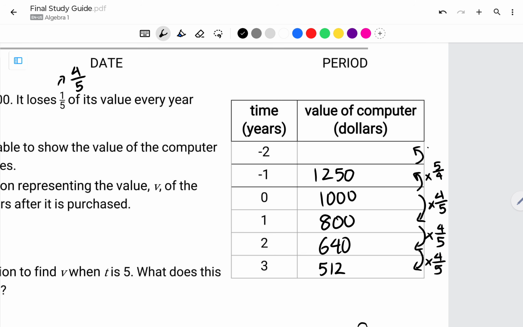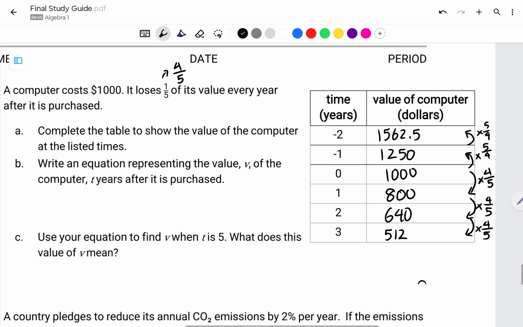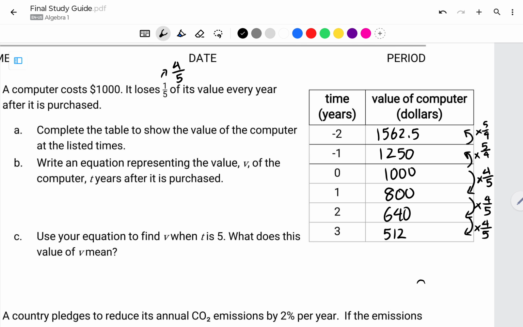Right? And then the year before that, again, multiply that by another 5/4. That's 1,562.5.